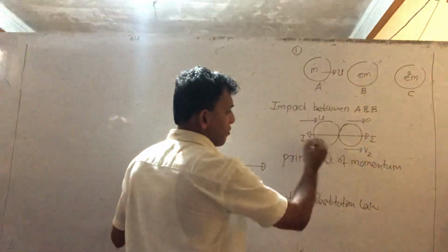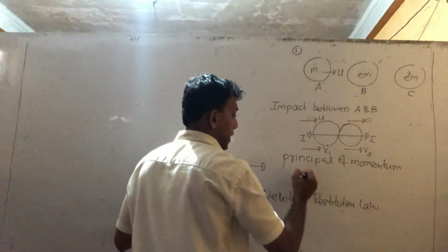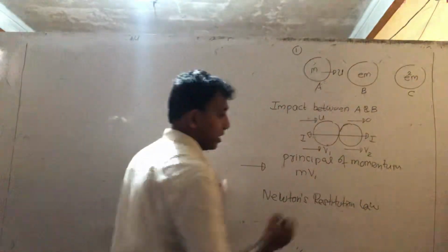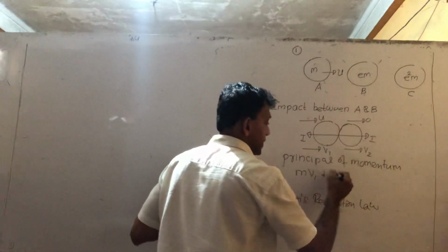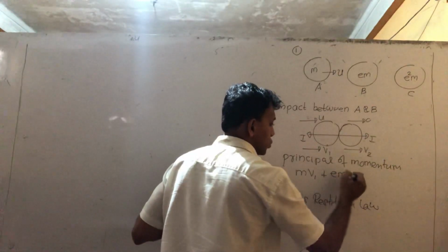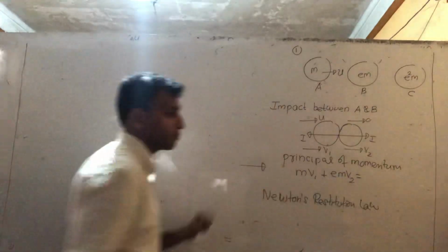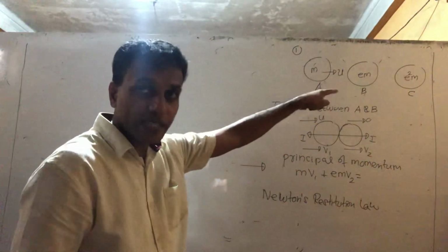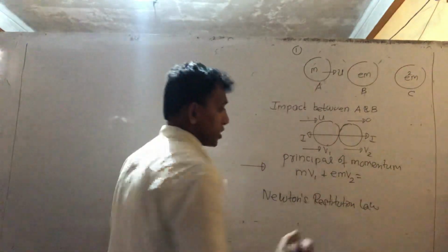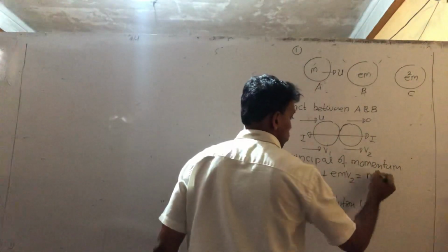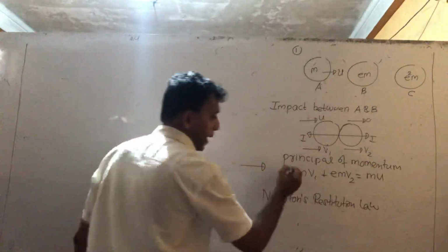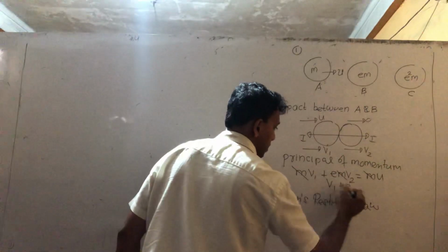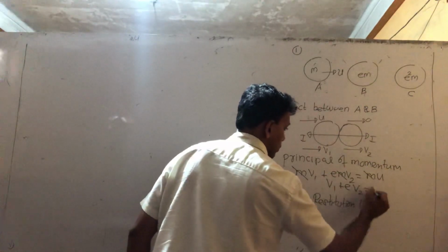So the final momentum is m v1 for sphere A plus em times v2 for B, equal to the initial momentum. Initially only A has momentum, B has 0 because B is at rest, so it is m into u. I can cut by m, the common factor. So v1 plus e v2 equals u.